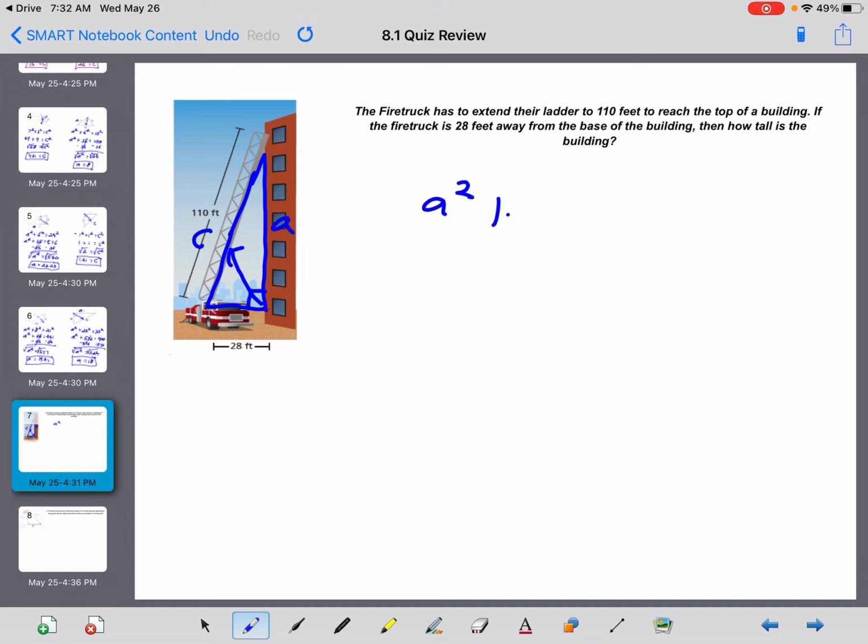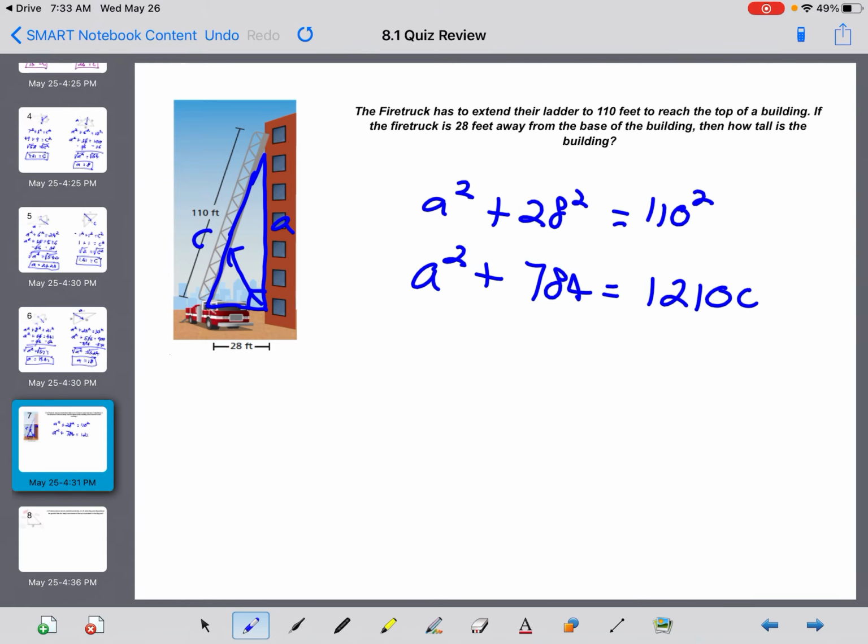So A squared plus 28 squared equals 110 squared. 28 squared is 784. 110 squared is 12,100.